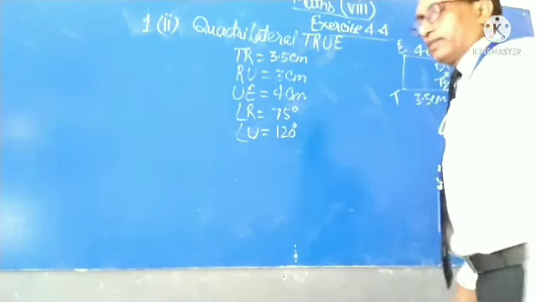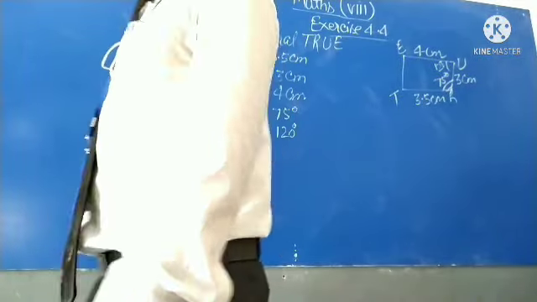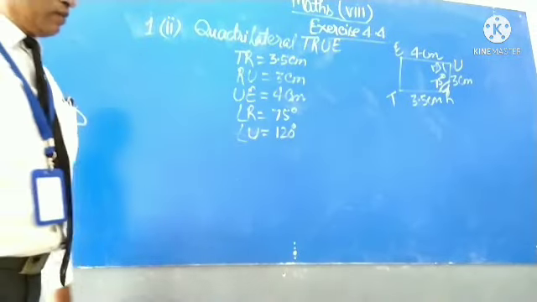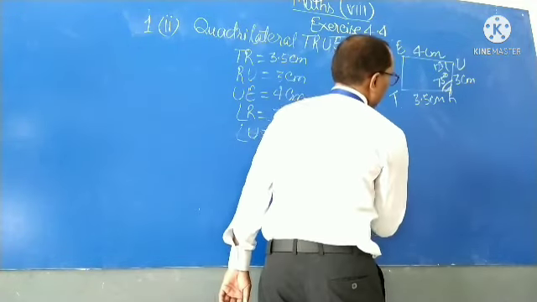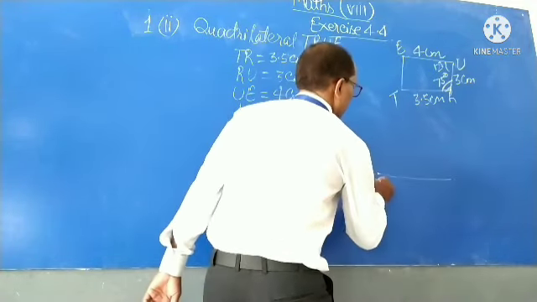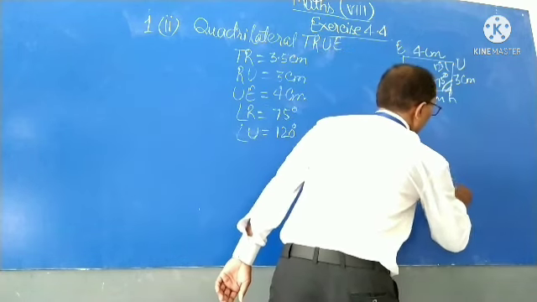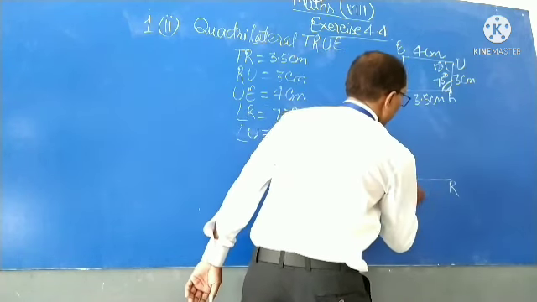This question is like the first question. First of all, you draw a line segment TR equal to 3.5 centimeter.